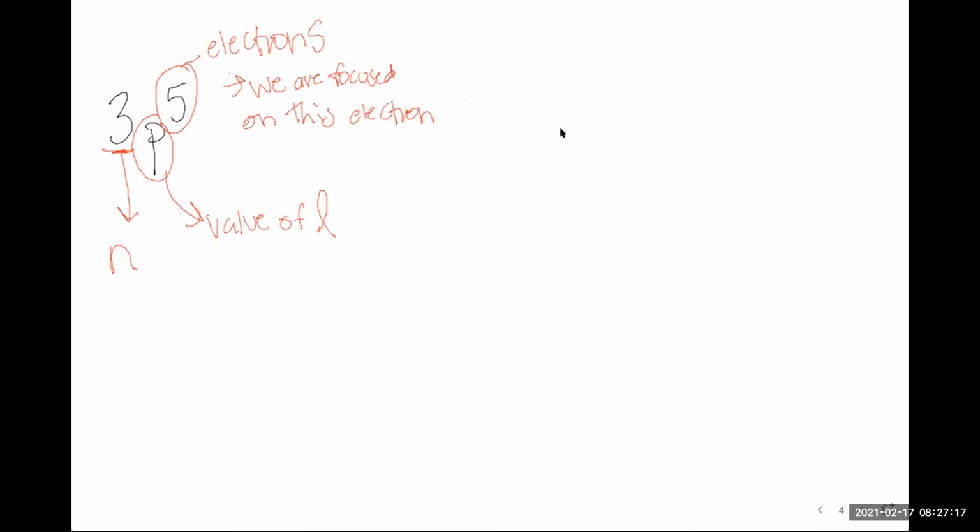So again, let's write our quantum numbers. N, we said, is going to be 3. Let's go with L. What is our L going to be? 2. And why is our L 2? Because 2 is a p configuration.